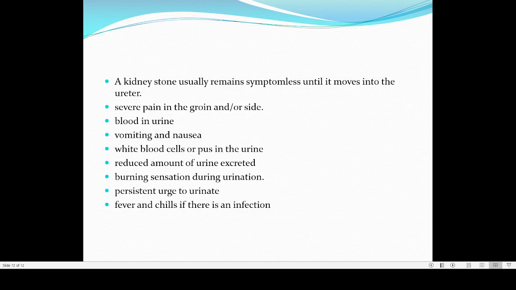That is the normal procedure by which we are treating kidney stones. It's an ultrasound pulverization. Nowadays this is the technique by which we are removing the kidney stones from the body. So this is an idea regarding kidney stones.